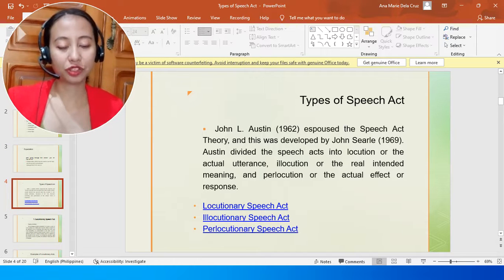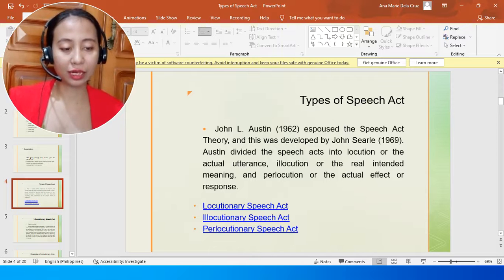Types of speech act. What are the types of speech act? According to John L. Austin in 1962, who espoused the speech act theory, and this was developed by John Searle in 1969. Austin divided the speech acts into locution, or the actual utterance, how you pronounce, how you utter.